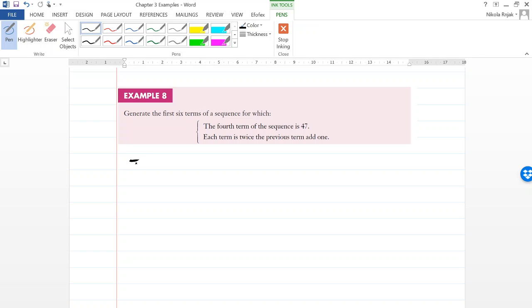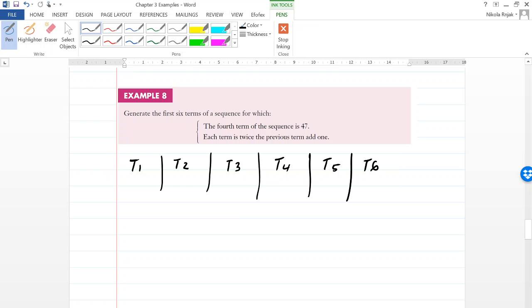term 1, term 2, term 3, term 4, term 5, term 6. Okay, we already know that the fourth term, T4, is 47, so we already know this value here. And it says in the question that each term is twice the previous term, add 1.